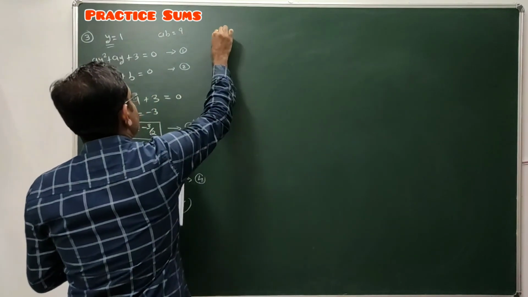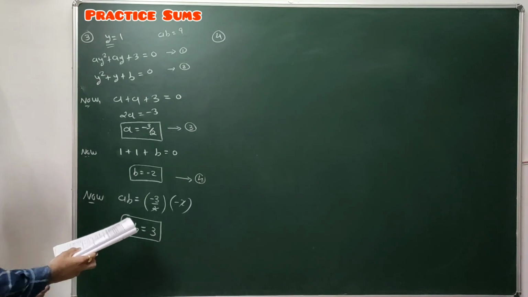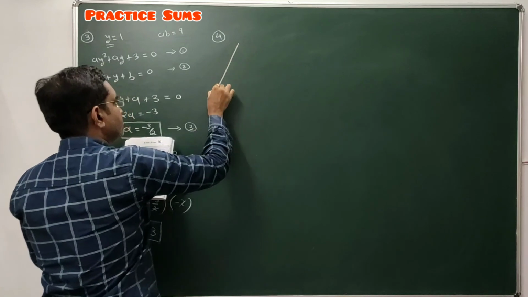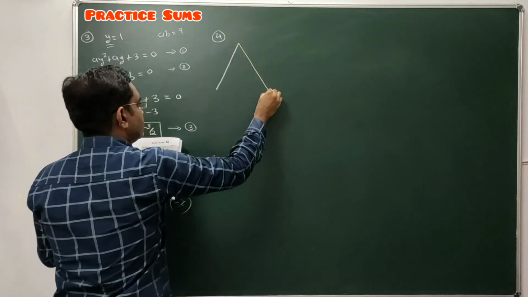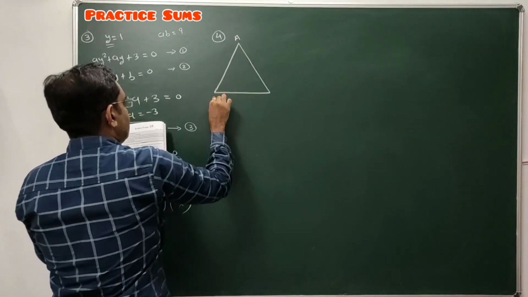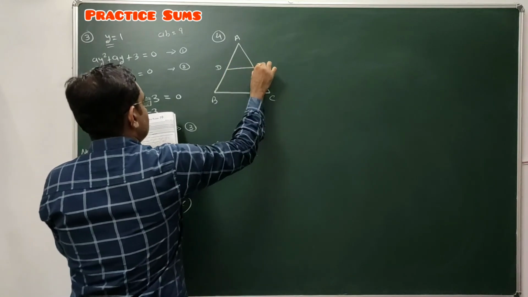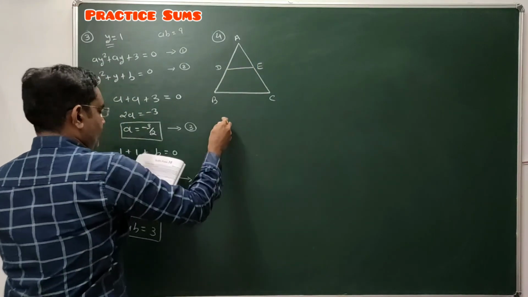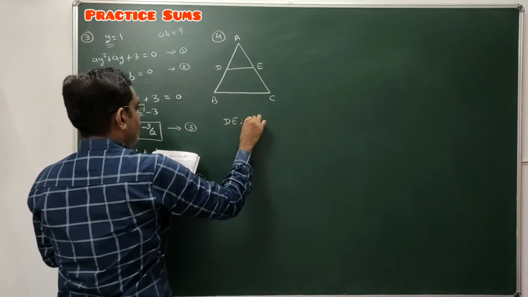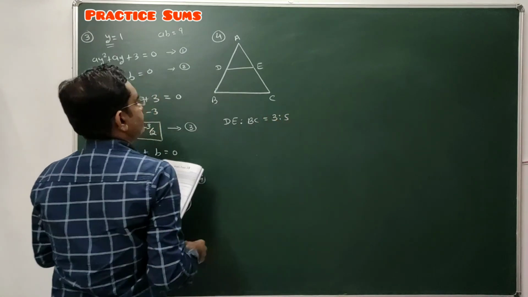Now next question number 4. So here a diagram is given. Like this. Triangle ABC is there and triangle ADE is there. So here if DE ratio BC is equal to 3:5.